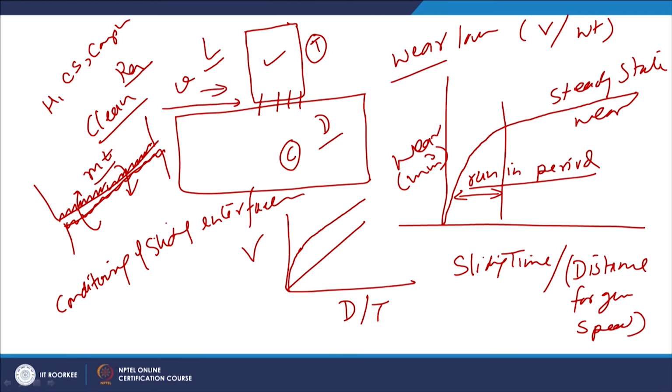So, there is a continuous change in the composition, roughness and cleanliness, because oxides are formed, and also because of the change in composition and crystal structure, because the structure is damaged and the grain size is modified during the sliding, because of which hardness also changes. These things happen very fast in the initial stage of the sliding, which is termed as run in period.